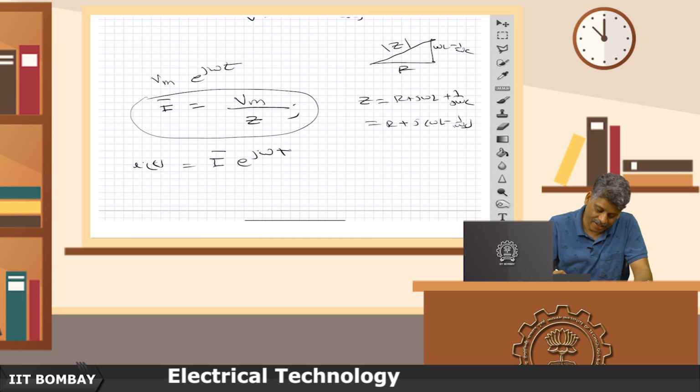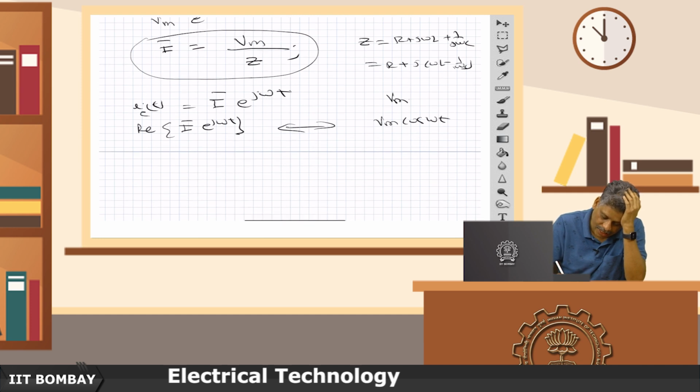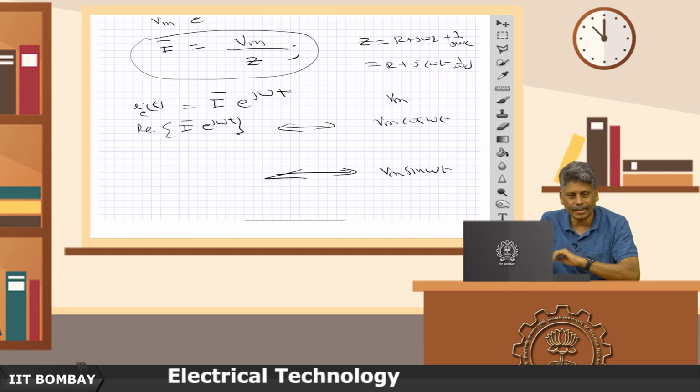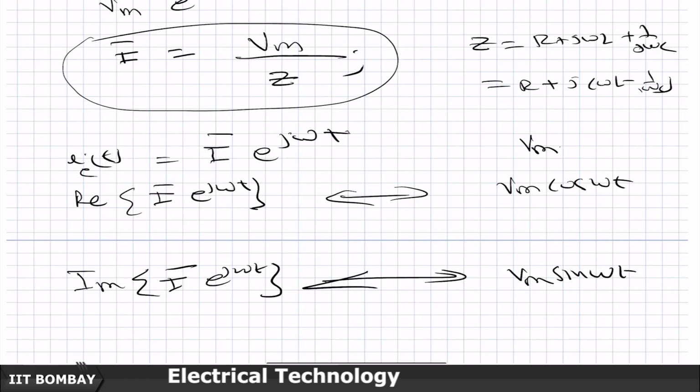So, if my excitation was V m cos of omega t, then I just need to look at the real part of this to get the steady state response, and if my excitation function was V m sin of omega t, then I just need to look at the imaginary part of this to get the steady state response.